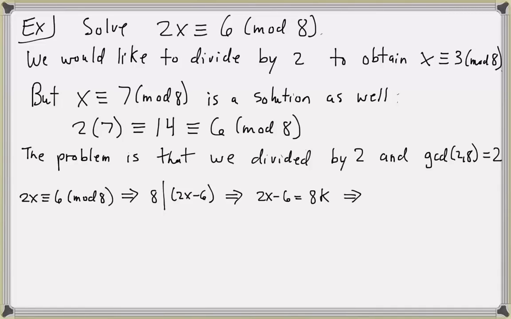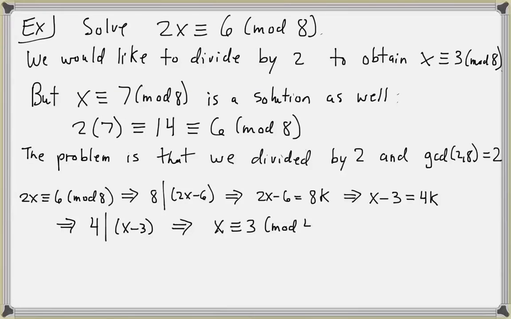But in this equation, I can divide everything by 2 to obtain x minus 3 is equal to 4k. And this tells us that 4 divides x minus 3. And therefore, x is congruent to 3 mod 4.